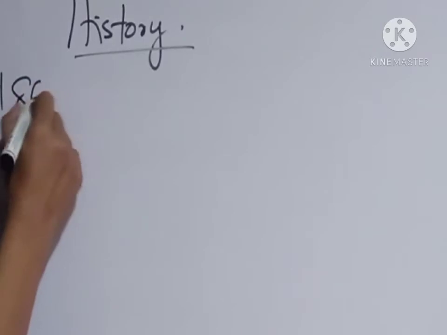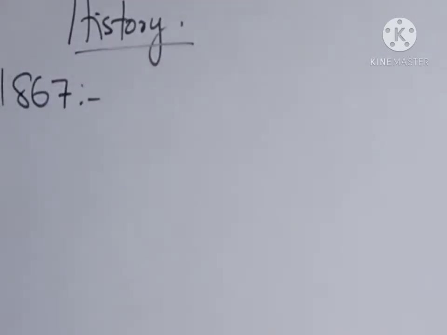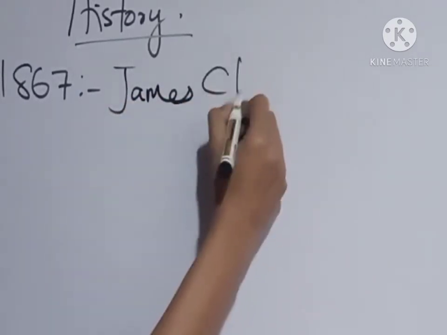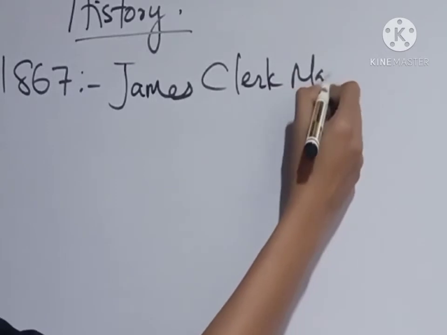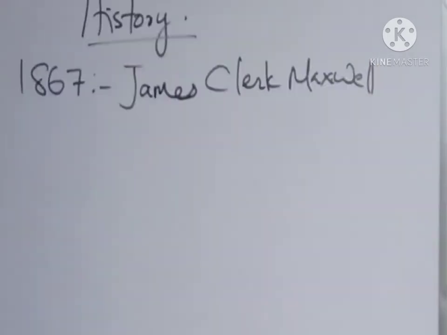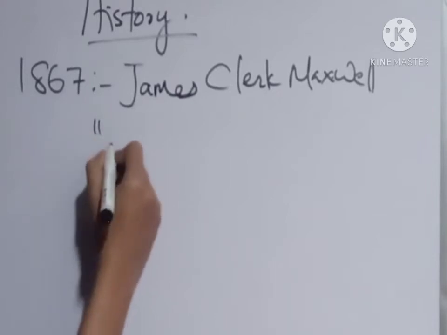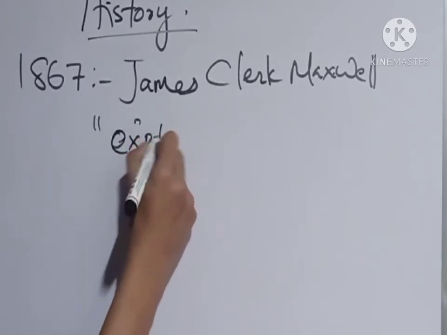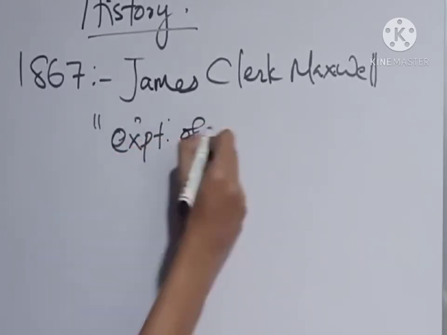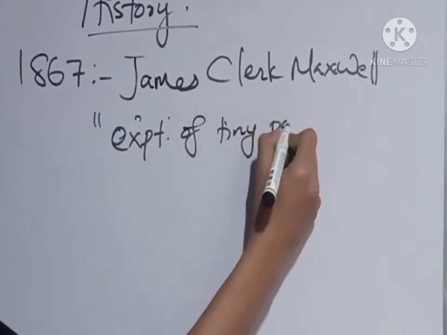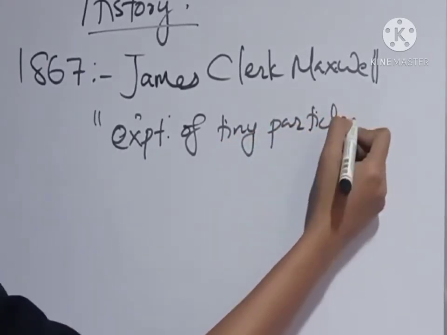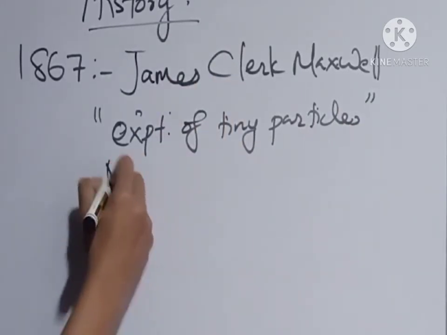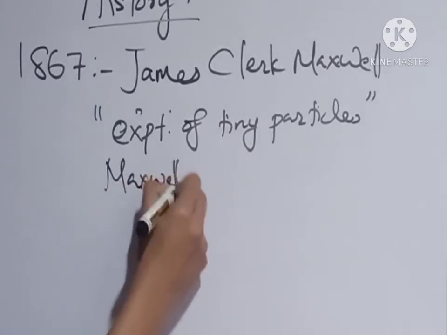So in 1867, the scientist James Clerk Maxwell proposed an experiment of tiny particles, and he named these particles Maxwell's demon.